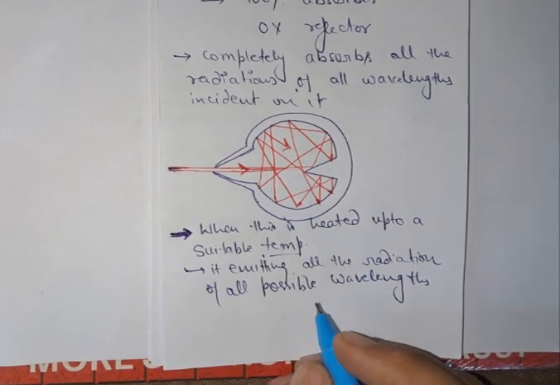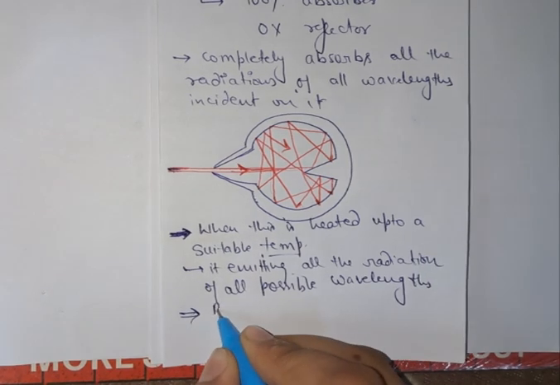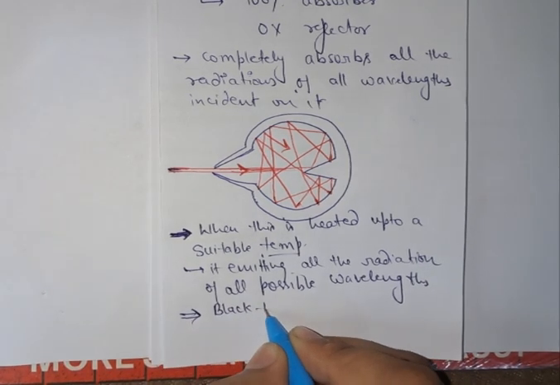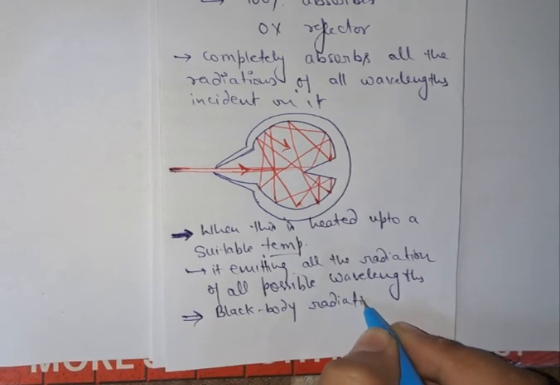So this emission is called black body radiation.